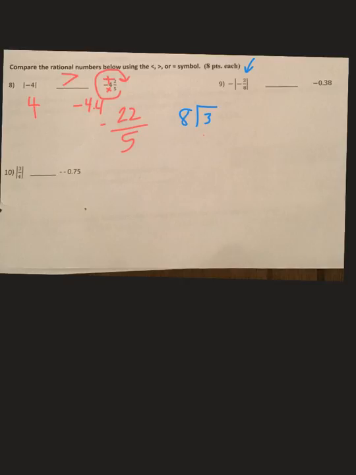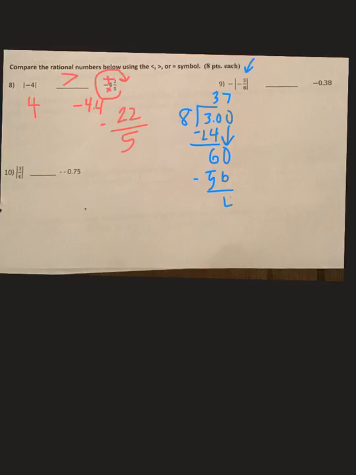Okay, 8 can't go into 3, but it can go into 30 3 times. 3 times 8 is 24. 30 minus 24 would give us 6. Add a 0, drop a 0. 8 can go into 60 7 times. And 7 times 8 is 56.